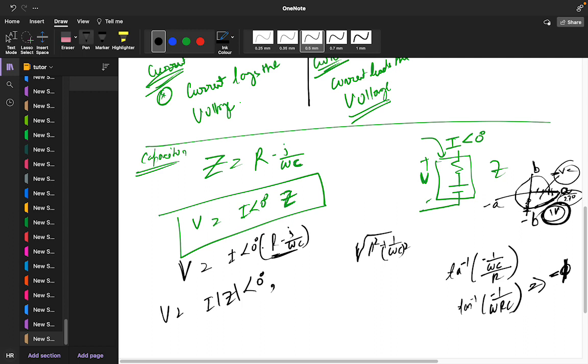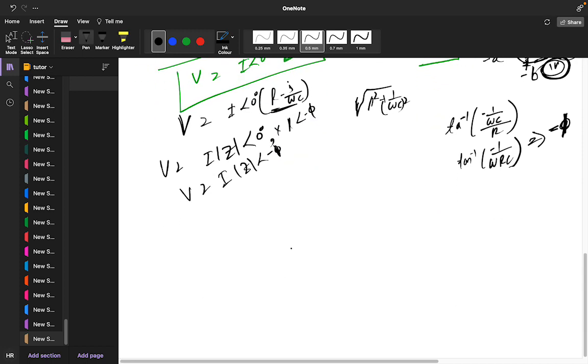Okay, so assuming we are getting some minus 5 value, the Z will be mod Z at an angle minus 5. If you solve this, you are getting V equals I into mod Z at an angle minus 5. What is the meaning of this?